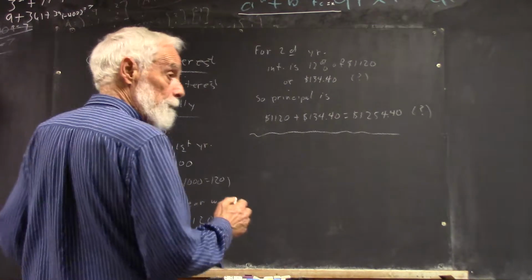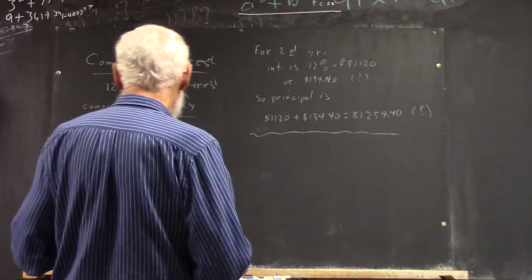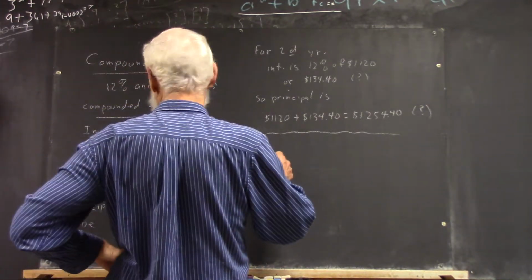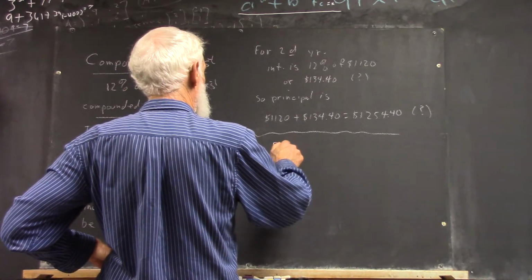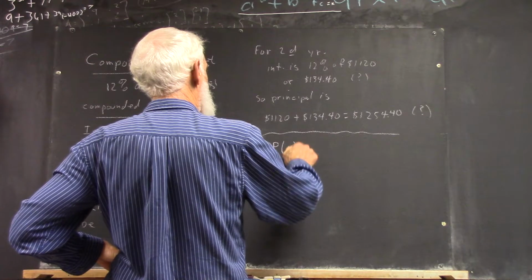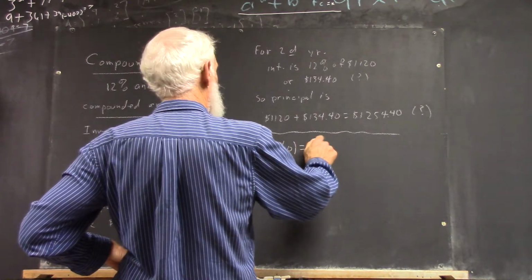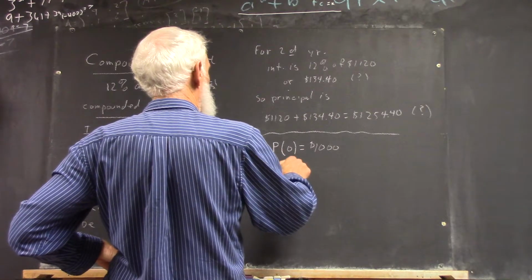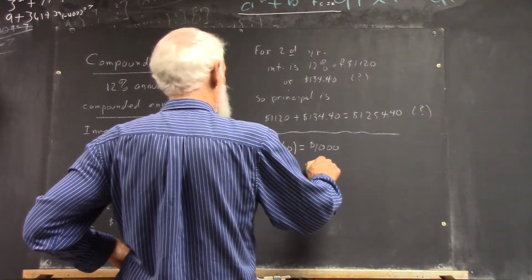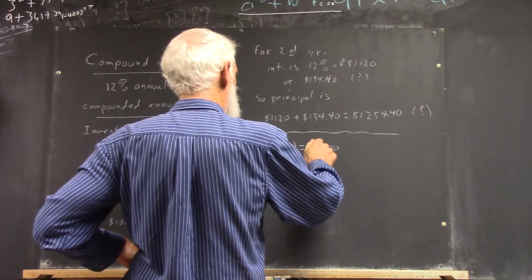Okay, so a little algebra. Okay, so in function notation, first of all, just P of 0 equals 1,000. P of 1 equals 1120.